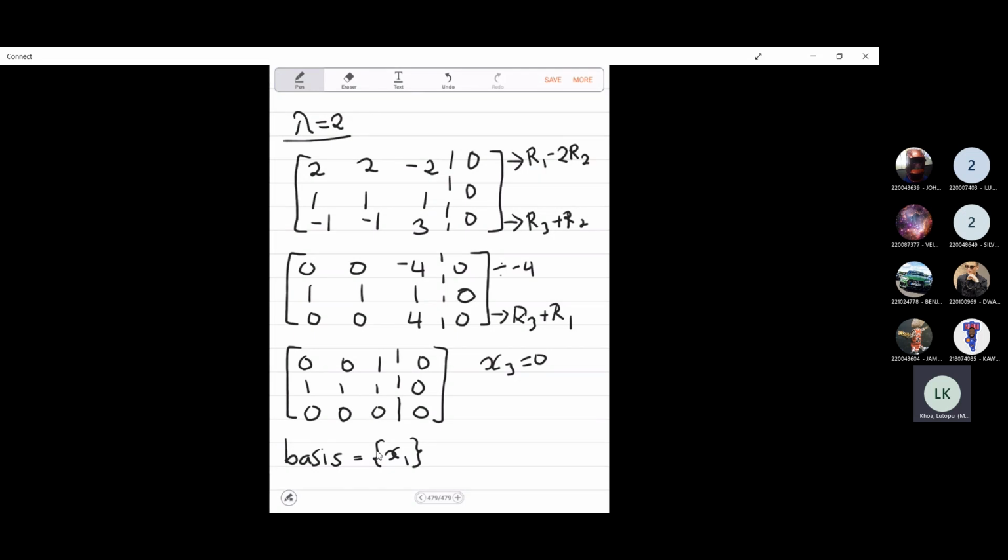What is unique is the number of variables inside the basis. Mine will have only one variable. Yours may have a different variable, but it will be only one. You cannot have a situation where I have one variable in my basis and somebody else has two in their basis. It's not possible.